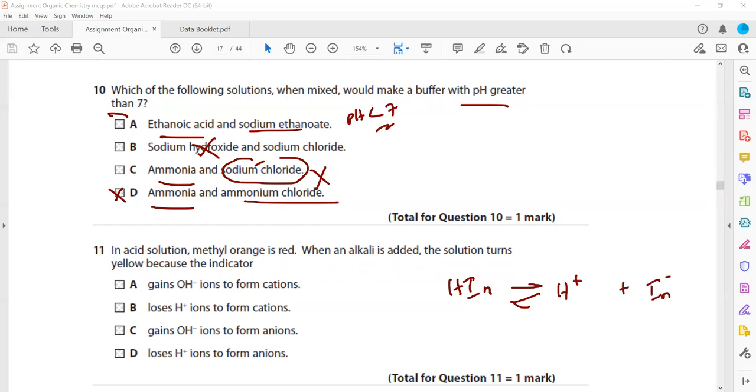So when alkali is added, alkali means OH minus is there. This OH will attract the hydrogen ion. As a result, the molecule will dissociate into more hydrogen ions. So what will happen to the indicator? The indicator will lose its proton to form an anion. That's why D is the right answer.